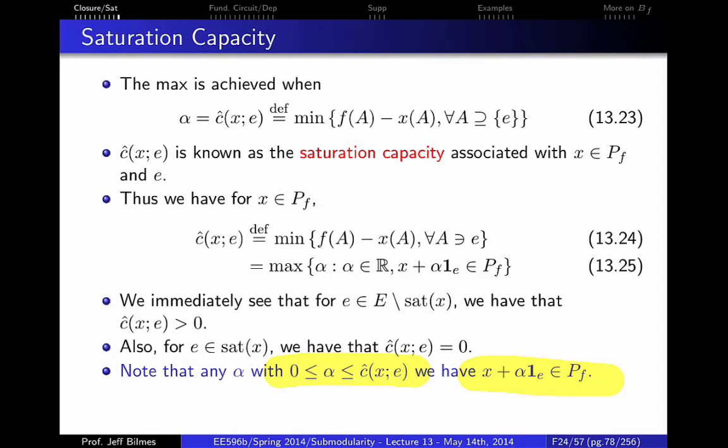So if we were to draw a picture, say, with a polytope, then the exchange capacity of this thing would probably be, like if we took this point here, we could move in this direction up to C. Let's say this is X, and this is E1, and this is E2, and this is C hat of X, E2.